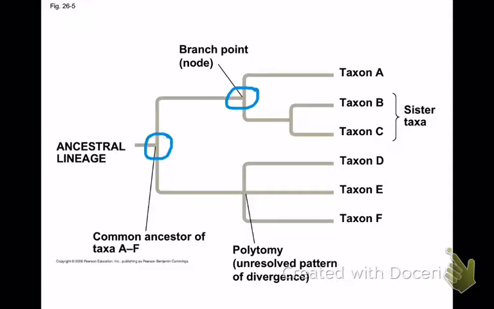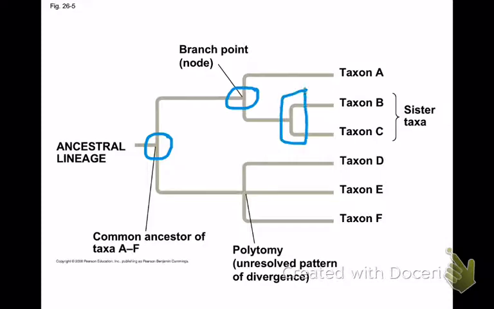That common ancestor then diverged into different species, and the length of each of the branches represents either the time or the number of changes in a DNA sequence if the tree was built from DNA sequences.